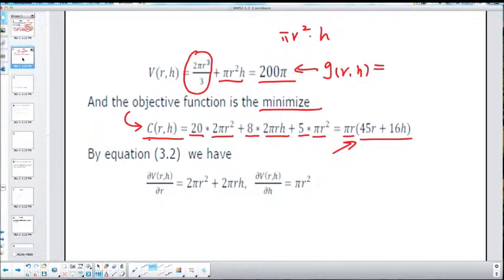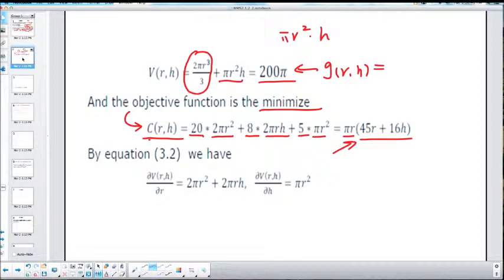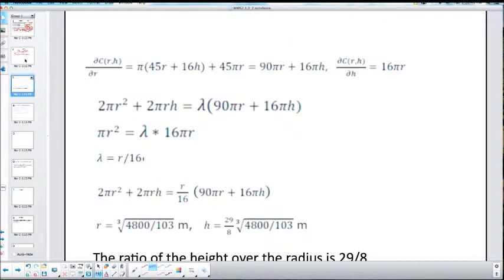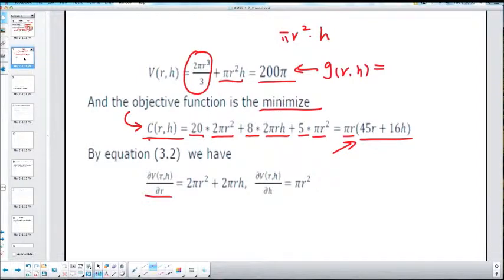We're going to use the Lagrange multiplier method to solve it. So first, let's figure out the gradient. The gradient of V: you take the derivative with respect to r first, then it's 2 pi r squared plus 2 pi rh. And then you take the derivative with respect to h, that's pi r squared.